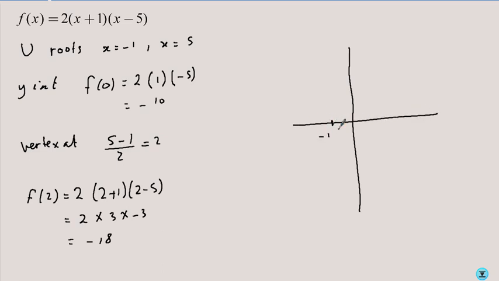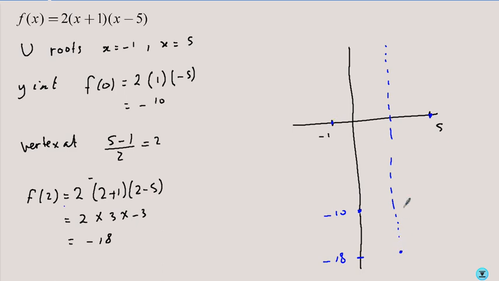-1, 5, and your axis of symmetry is in the middle between the two, more or less. The y-intercept is at -10. The y-coordinate of the vertex is further down, and you pass here and here.